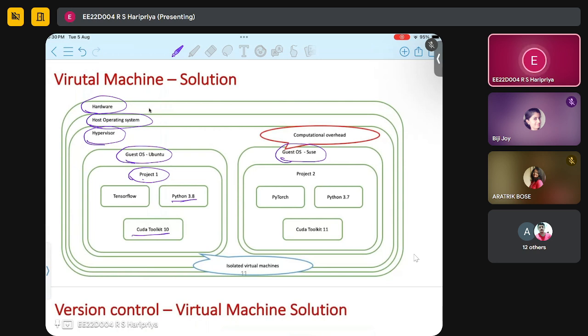So these are isolated virtual machines. Project 1 could work on this, project 2 could work on this.